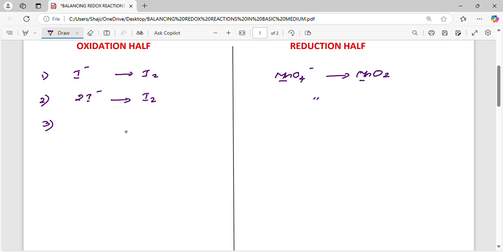Step number 3 is balancing oxygen. To balance oxygen, add an equal number of water molecules on the opposite side. But there is no oxygen in the oxidation half, so we don't need to make any change. But in the reduction half, MnO4- has 4 oxygen atoms, while on the right only 2 oxygen atoms are there. So to make it balanced, we have to add 2 water molecules on the right side.